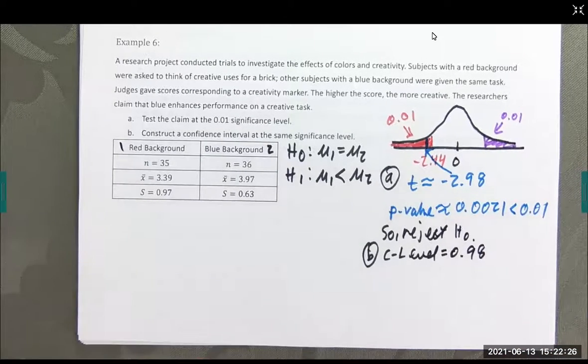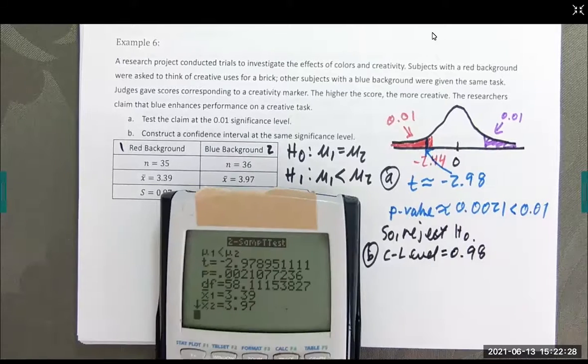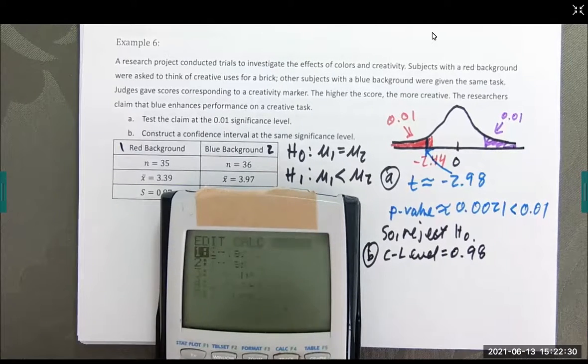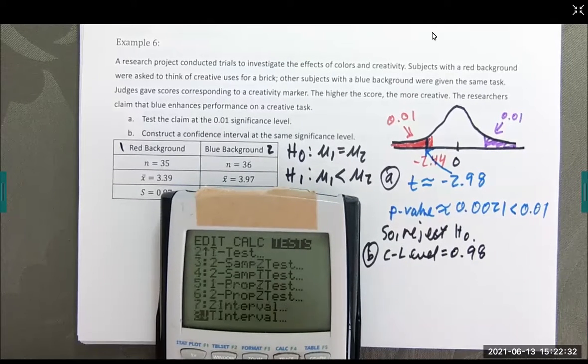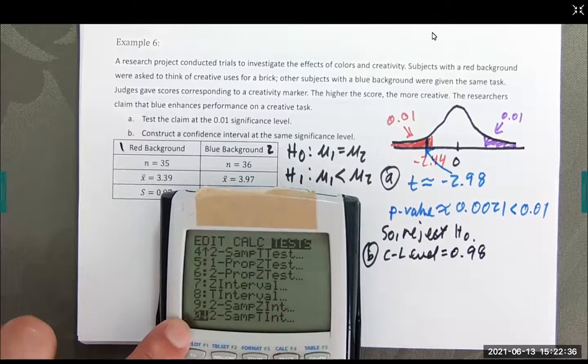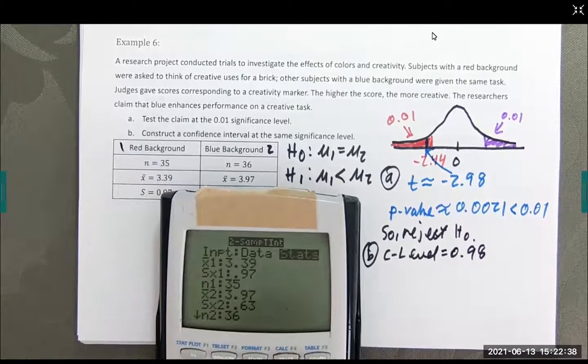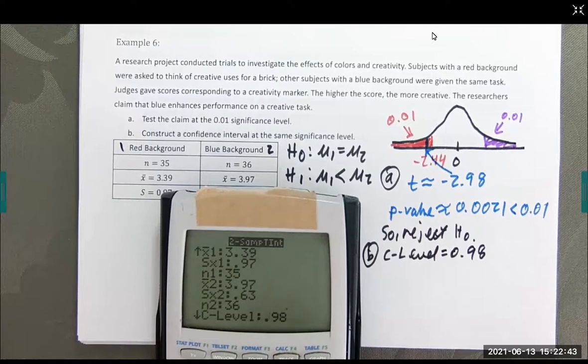All right. So if you remember, this is a 2-sample t interval. 2-sample t, there it is, t interval. And all of the data should be the same, but we're going to have to change our C level to 0.98. So that's left over from before.